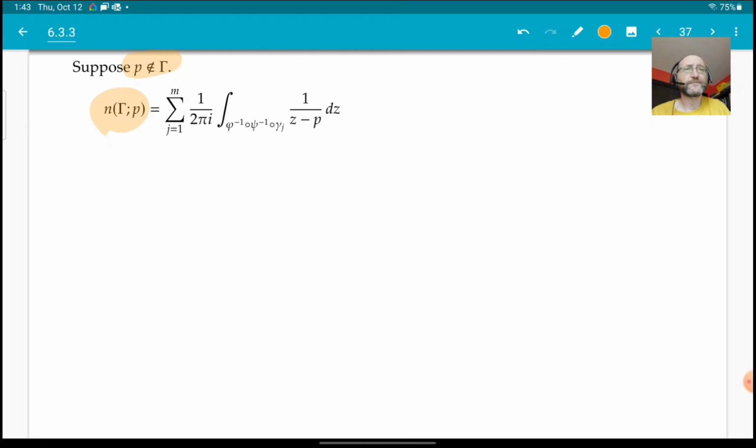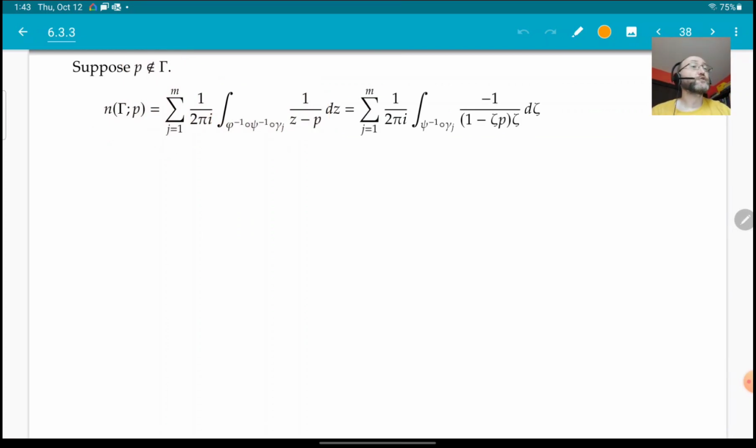These are explicitly given single paths, the pullbacks of these circles. And I just integrate 1 over z minus p, with the factor of 1 over 2 pi i, and I add it up over these gamma j's.